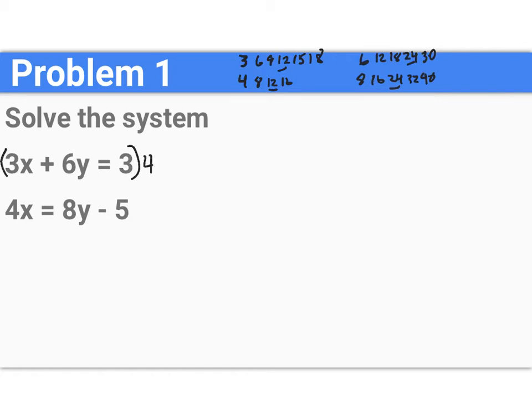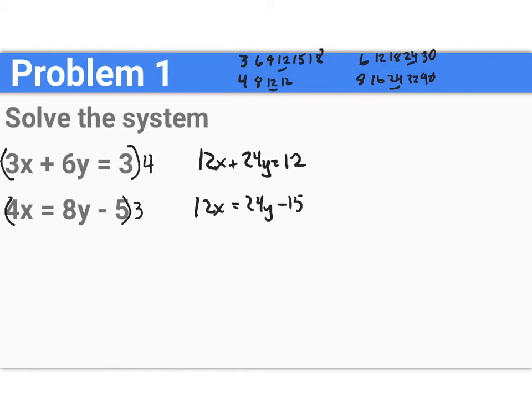4 and 3 here. And so now we multiply. We distribute the 4 to every term. 12x plus 24y equals 12. And then here we get 12x equals 24y minus 15.